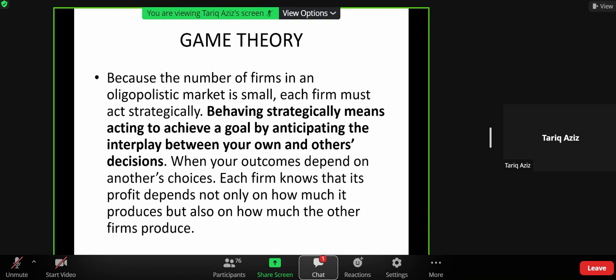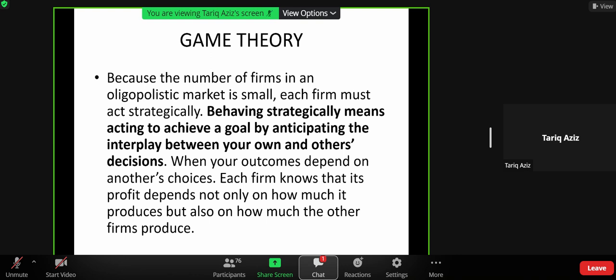यानी हम आइसोलेशन में डिसीजन नहीं ले रहे कि our decisions will impact only our business. Others' decisions will also impact us, and our decisions will impact others also. So there is interplay between different players in the oligopoly market.